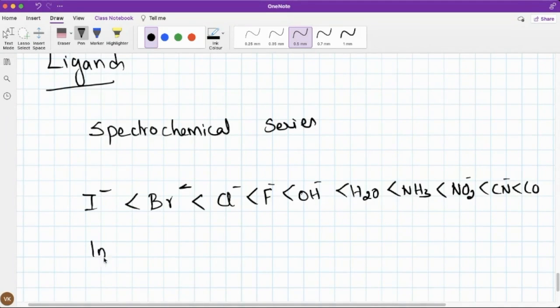So it will be increasing delta as you go from this side to this side. When the delta naught increases, this side the delta naught will be higher.